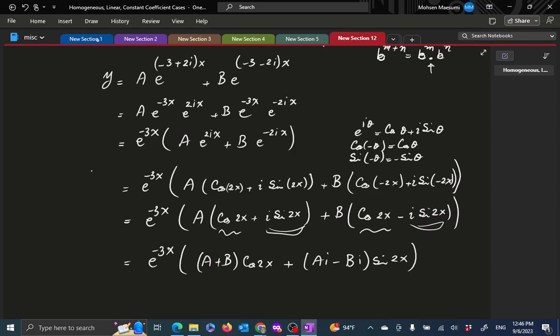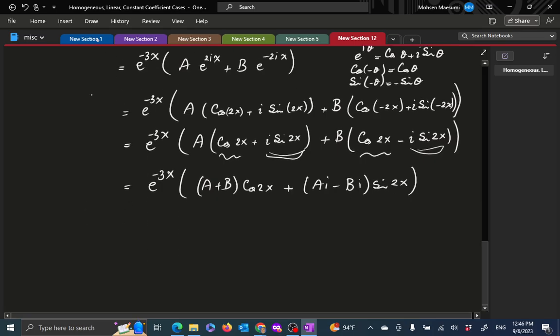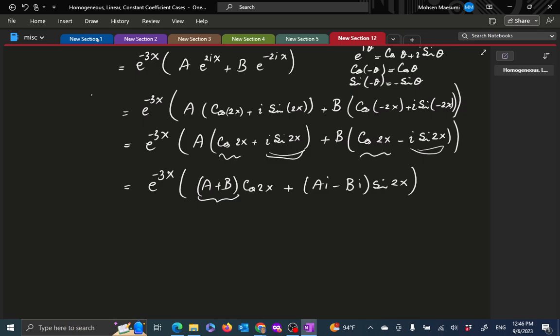Now I reason like this. A and B were some constants, perhaps real, perhaps complex, I don't know what they were. They were just constants. If you add them, you get some other constant. So I might call this thing constant M. Again, A and B were some constants. If you multiply by anything, including complex numbers, and do addition, subtraction, all you get is some constant. Let's call this guy N.